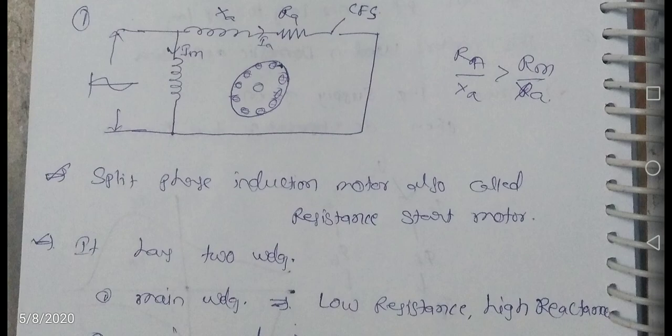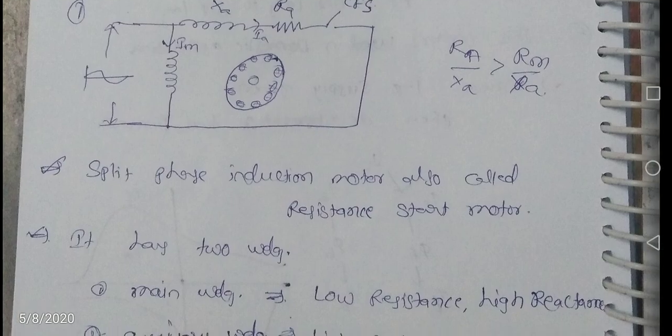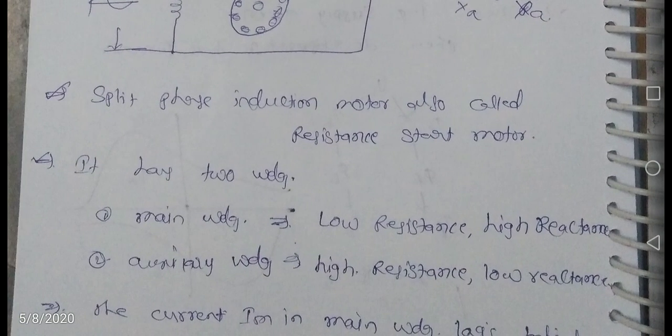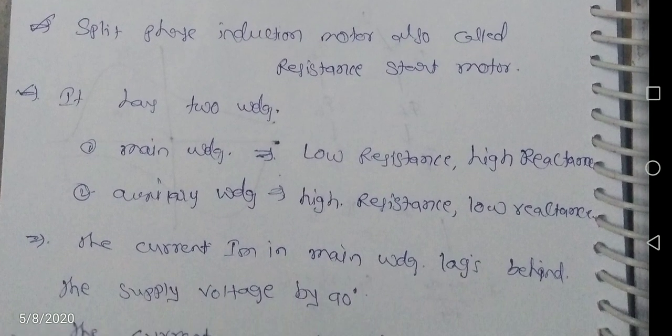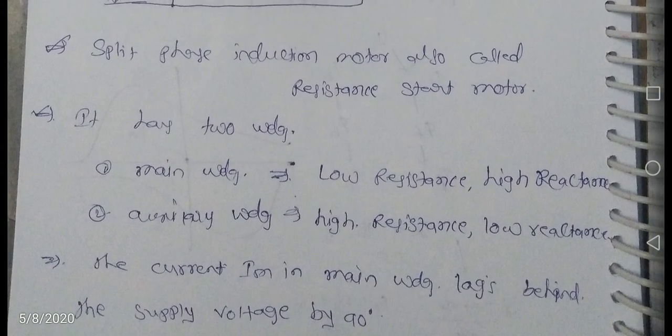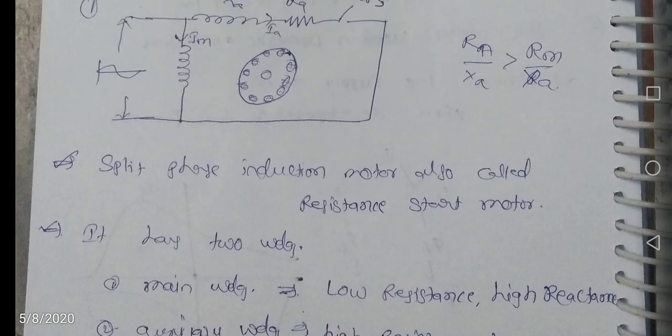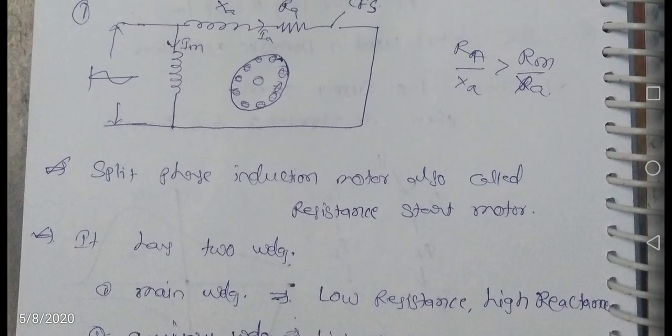We can see here Im, the current flowing in the main winding. In that winding only the reactance is there, so the reactance is more and the resistance of that winding is less, because there is no resistance connected in series to the main winding.